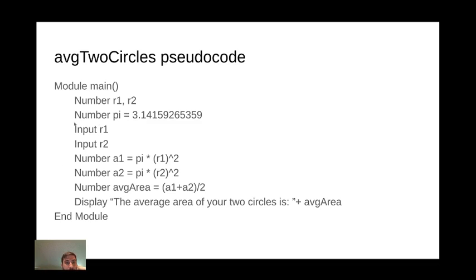So here, we're taking in 2 input values. We're calculating, so here I have A1, which is our area 1, and A2, which is our area 2, and then our average area is this. So display the average area. Anyway, the point here is that there are no curly brackets, there's no complicated syntax.